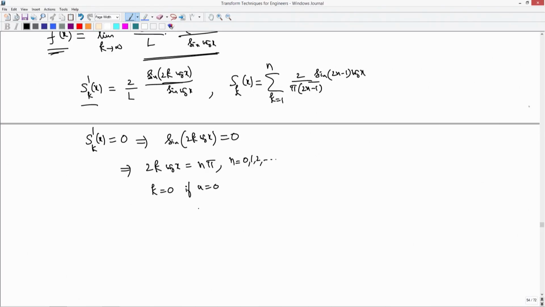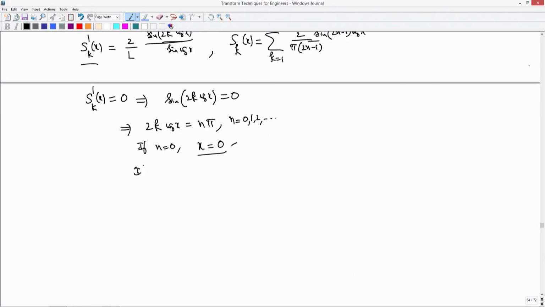Okay. So, at 0, if I choose n equal to 0, then x equal to obviously 0. K is actually running from 1 to infinity.